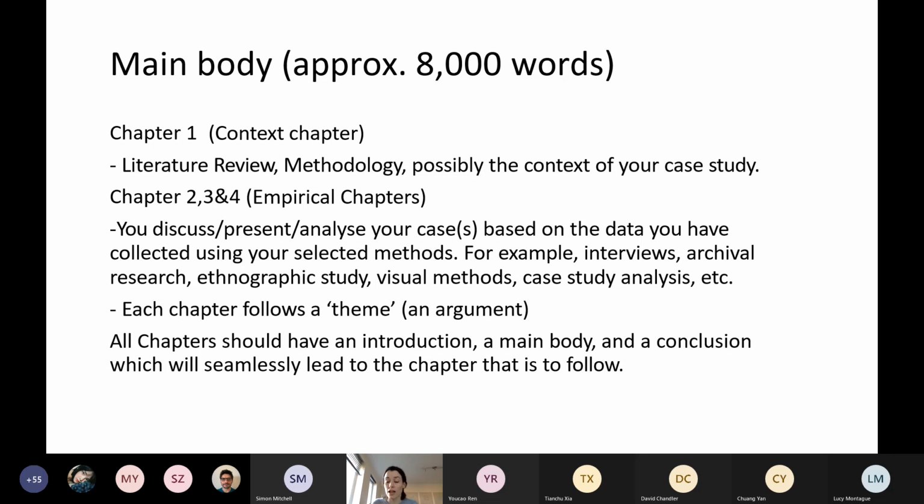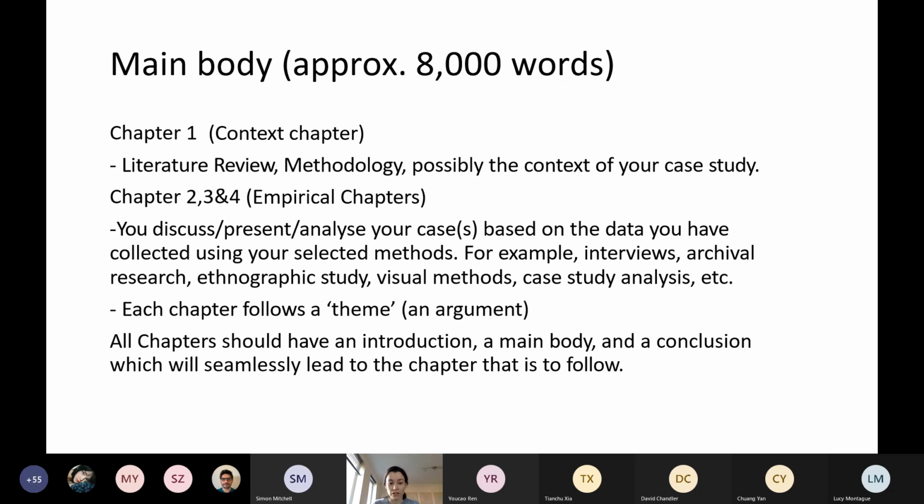I would suggest that every one of your chapters follows a particular theme and a particular argument. So you have the larger hypothesis and the larger argument for your dissertation, and then each of your empirical chapters speaks to that larger argument by forming smaller sub-arguments that work as a whole.